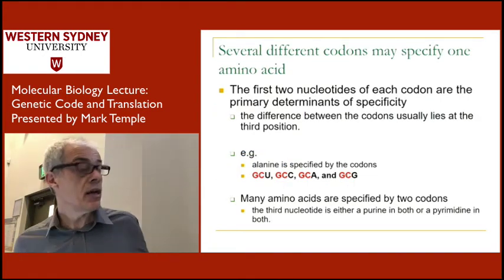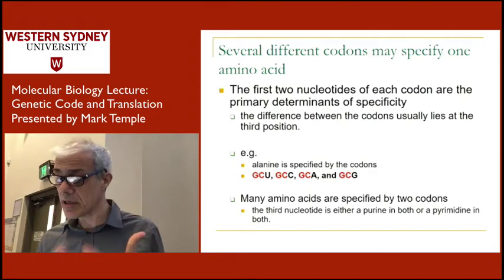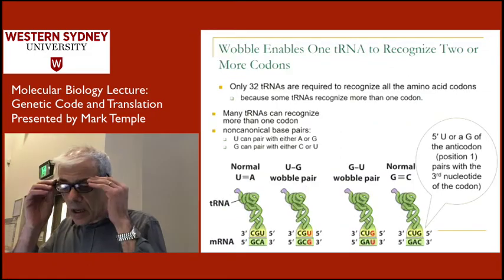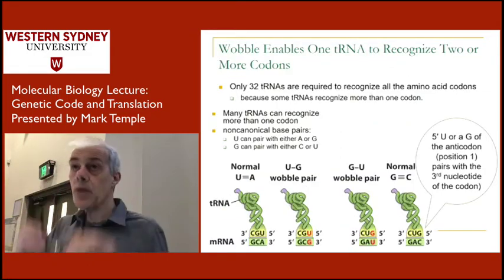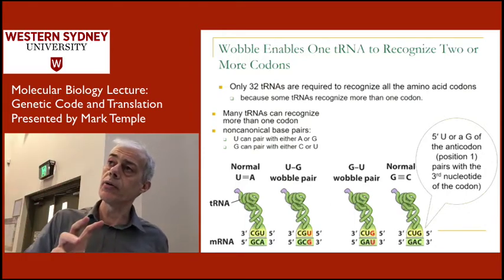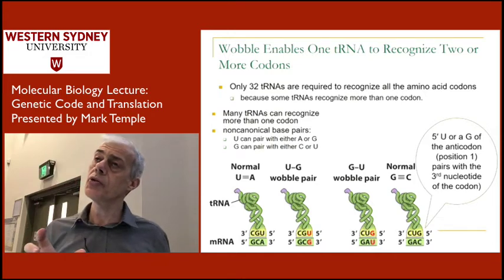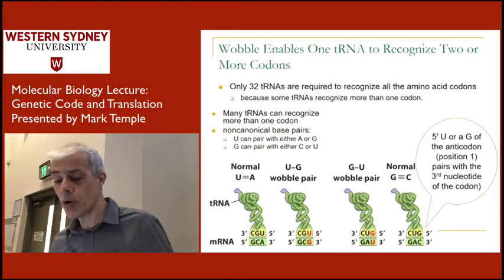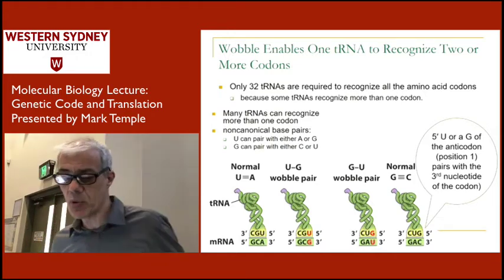Okay, so functionally, it's quite well understood what the genetic code is, and we have these transfer RNAs recognizing the codons, and we know that the first 2 bases in the codon are really important, and the third one is less important.